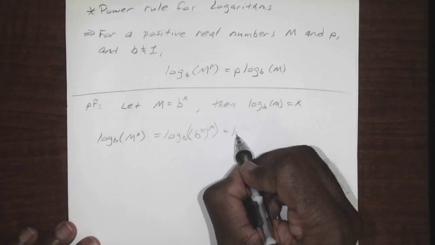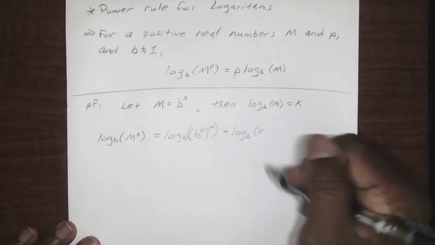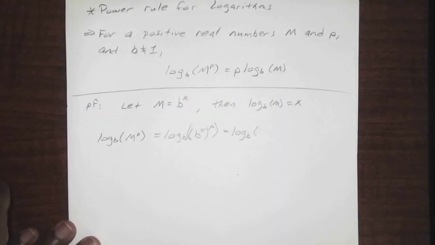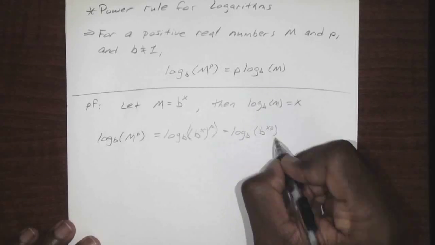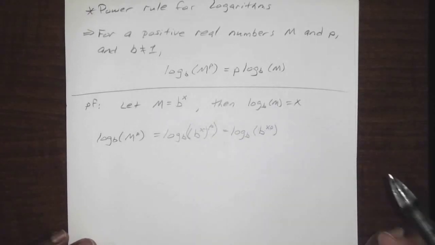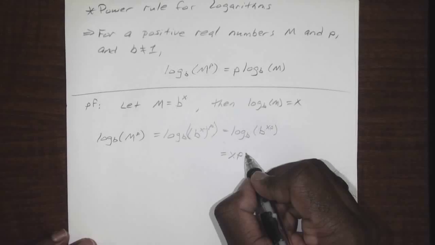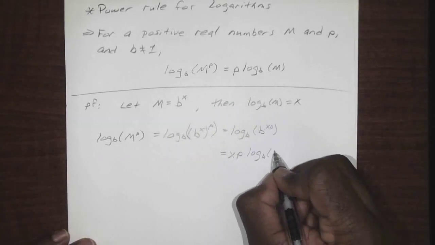So you have log base b of b to the xp. We know this just goes down to the front, so we have xp times log base b of b.